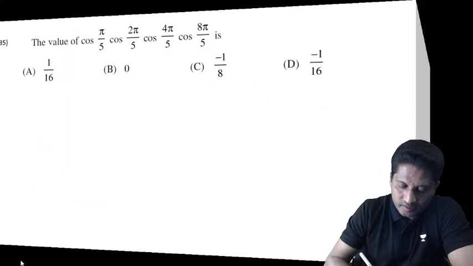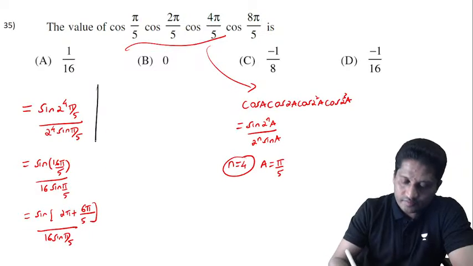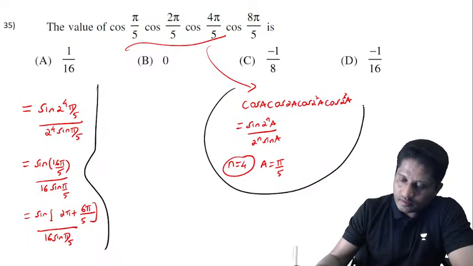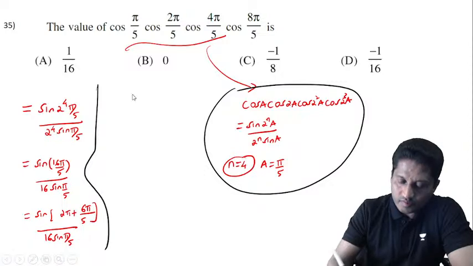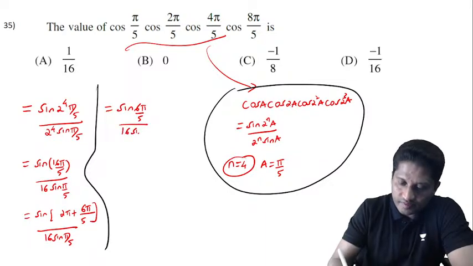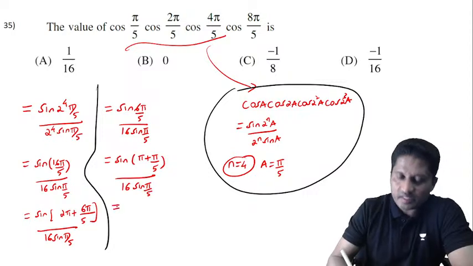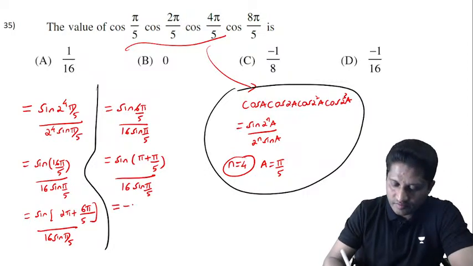Right, now sine of 16 pi by 5 can be written as sine of 3 pi plus pi by 5, divided by 16 into sine pi by 5. 180 plus theta is third quadrant, and in the third quadrant sine is negative.